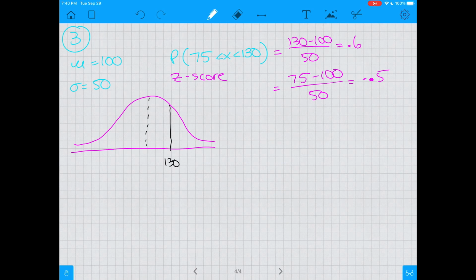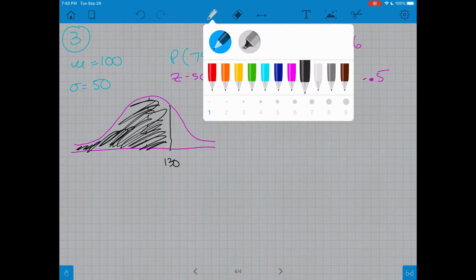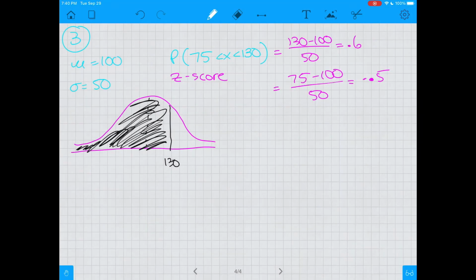On the z-score table, I get all of this when looking at 130. If I pick a different color, bright blue, here, right here, is 75. So when I look at the z-score table, I get all of this from 75.